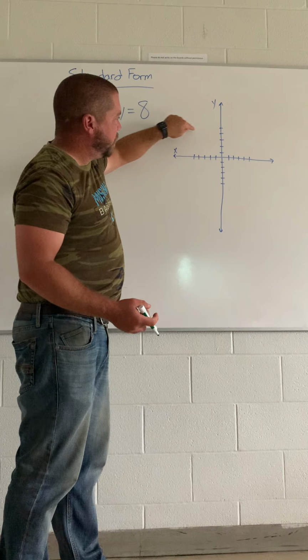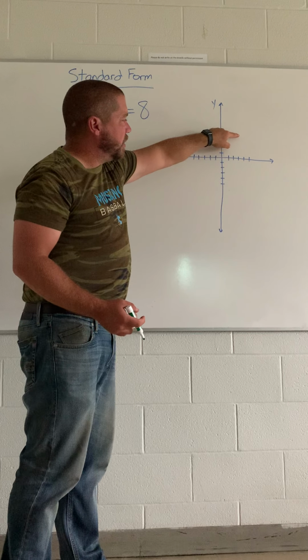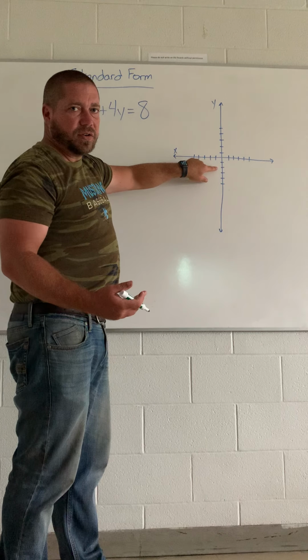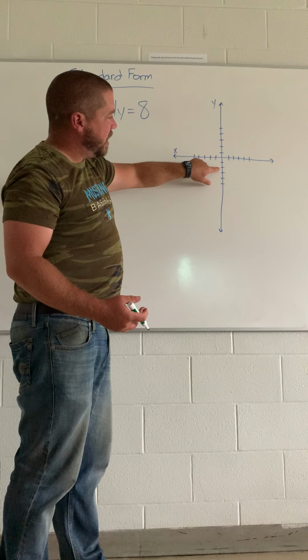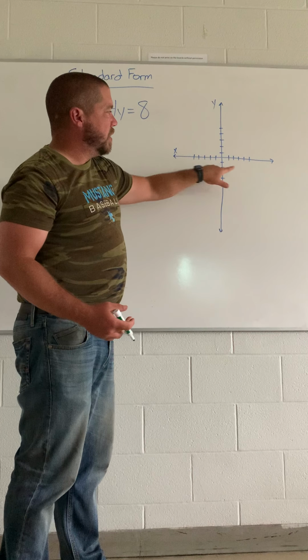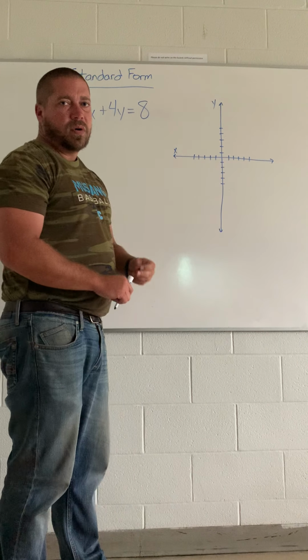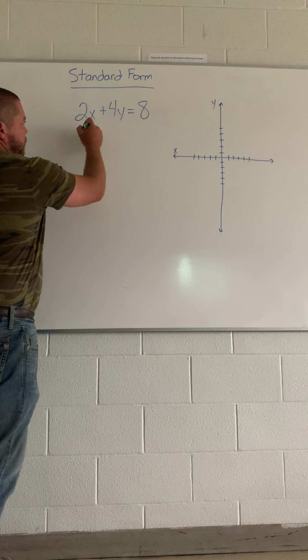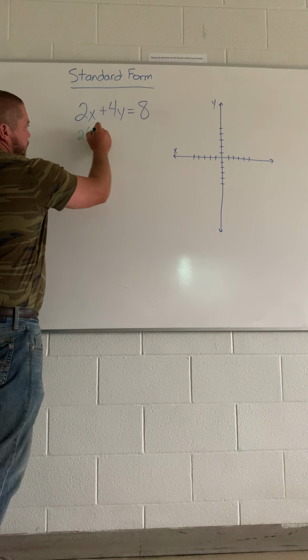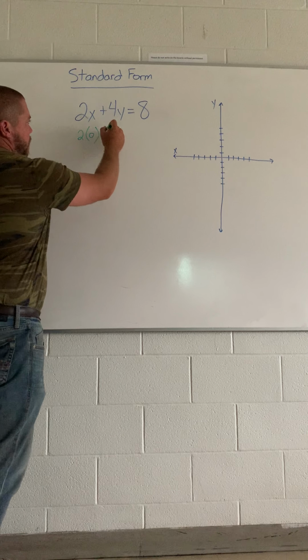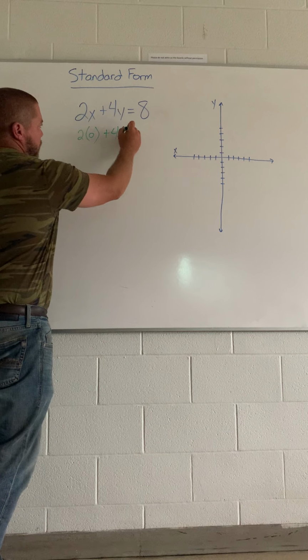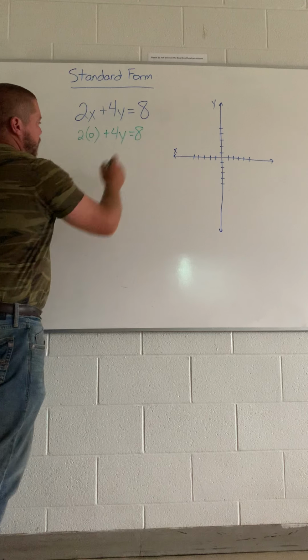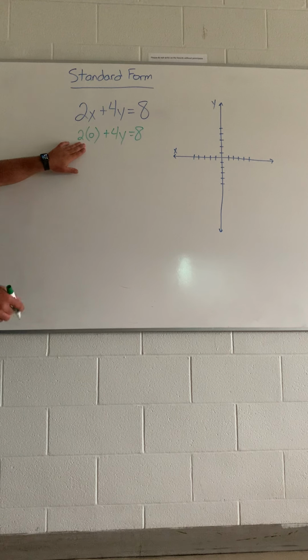The x is 0 because it doesn't go left or right. This point would be 0, negative 2 because it's on the negative 2 and the x doesn't go left or right. So the x is going to be 0 where the y-intercept is. So if I plug in a 0 for my x, 2 times 0 is going to be 0.